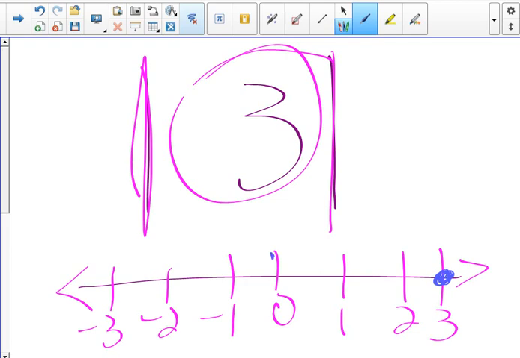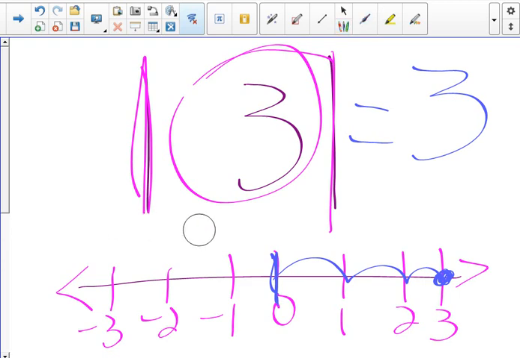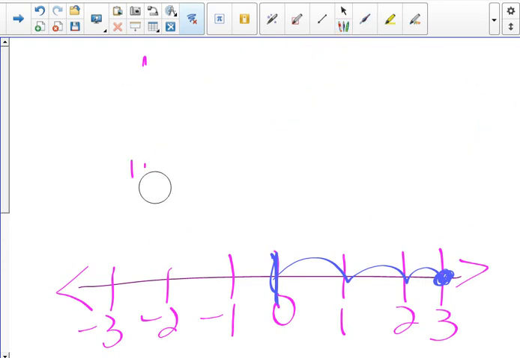Well, there's 0, so this number 3 is 1, 2, 3 units from 0. So you would say the absolute value of 3 is 3. All fine and dandy. Thumbs up if you're good with that. Thumbs down if you're wishy-washy. Okay. Now, what if I throw... I'll try not to erase the tops of anything.